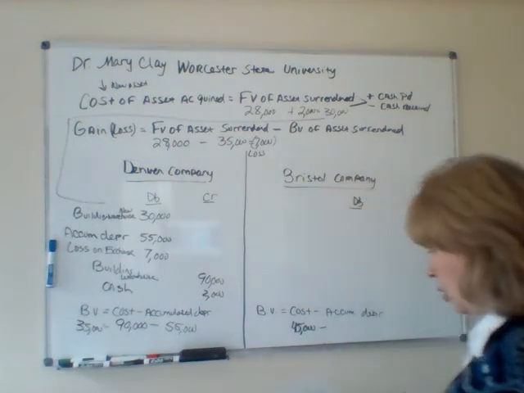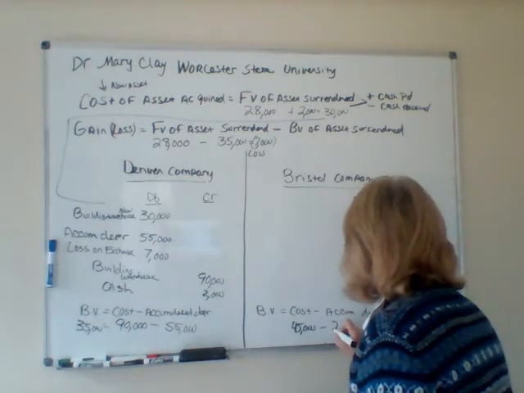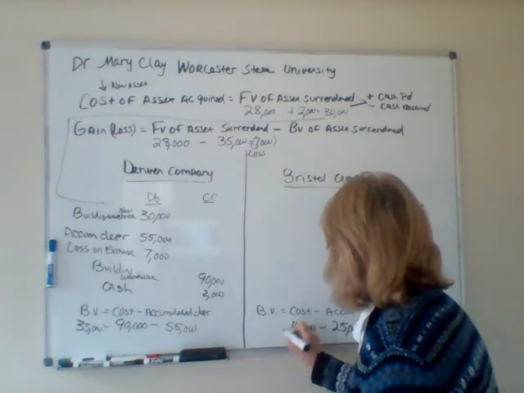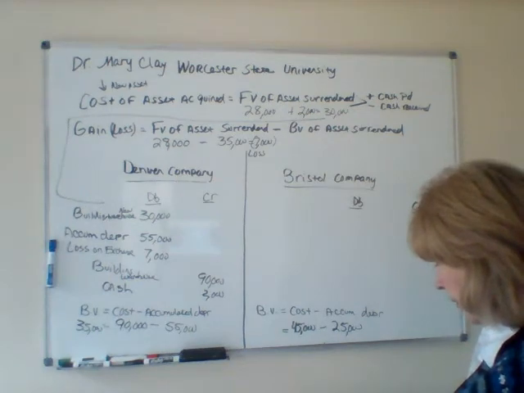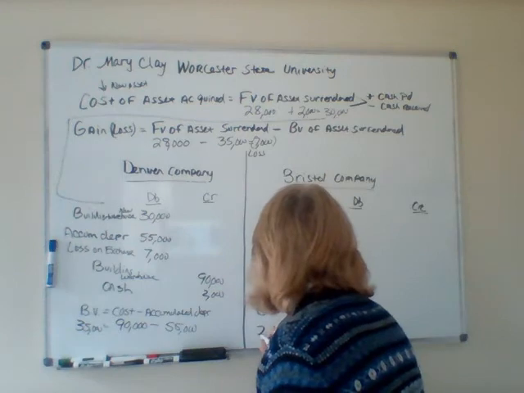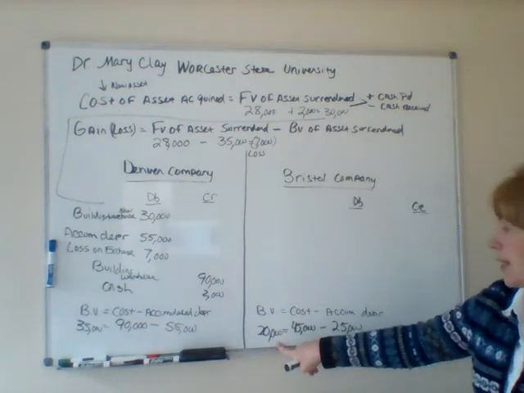I'm going to subtract out the accumulated depreciation on the old asset, which was $25,000. And that's going to equal, so my book value equals $20,000, okay? All right, so everybody understands how to get that.